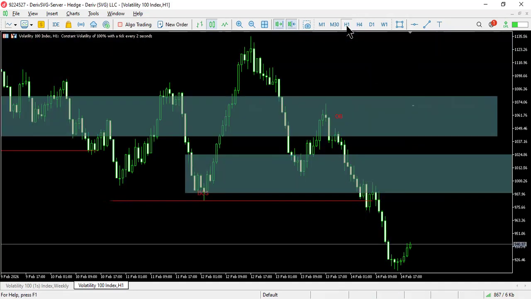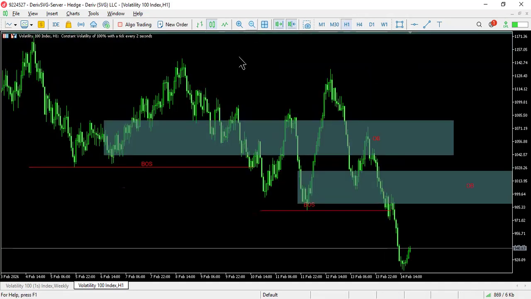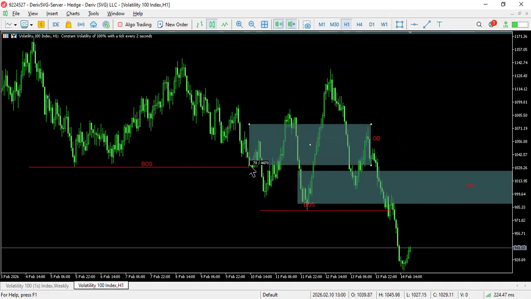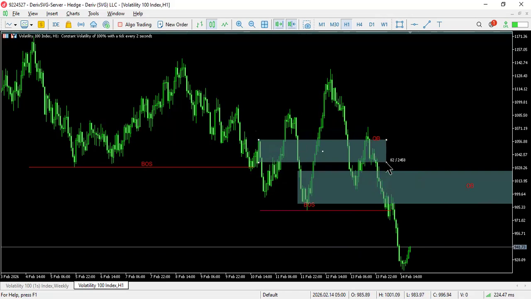If we go over to my entry time frame, which is the 1 hour time frame. So from the 1 hour time frame, this is what we have.